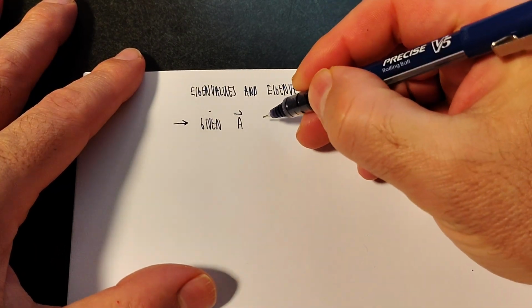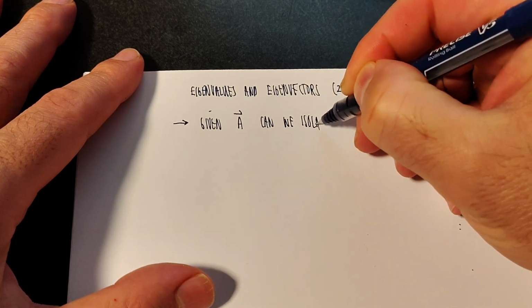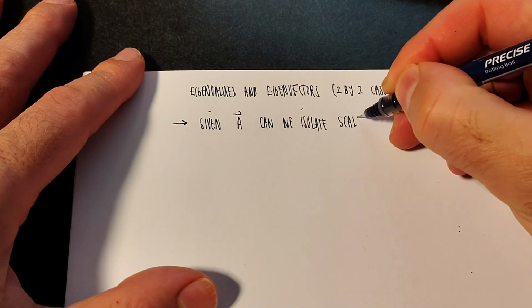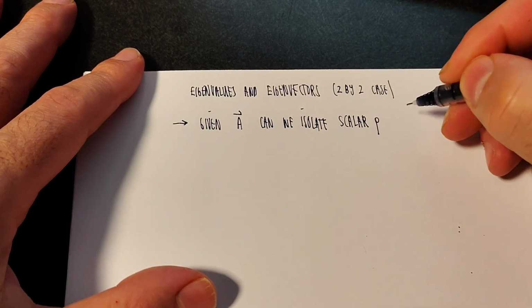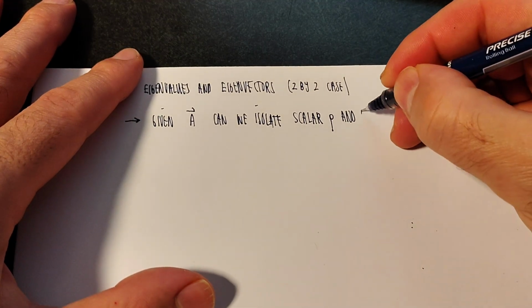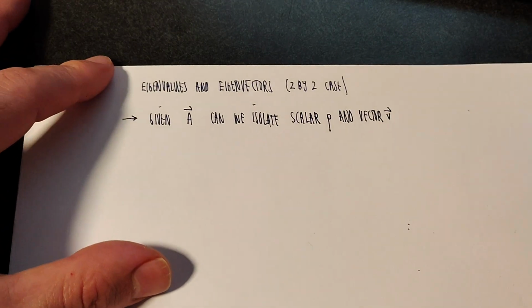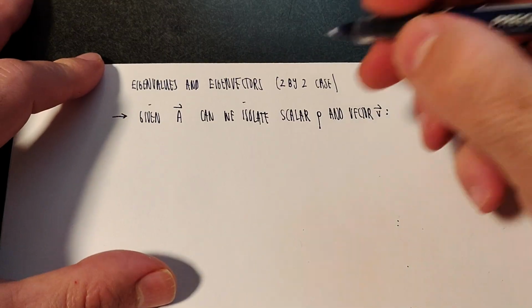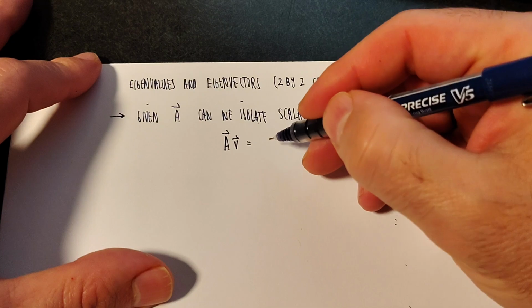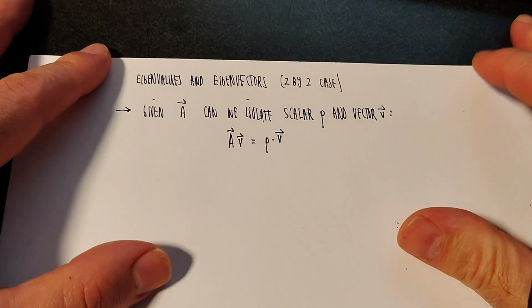Can we isolate a scalar rho and a vector v such that A times this vector v is equal to rho times the same vector v?